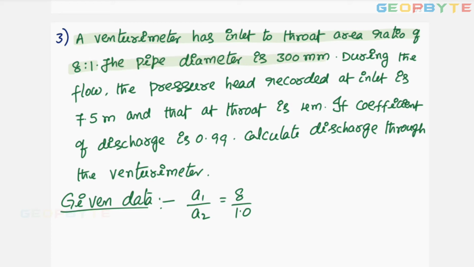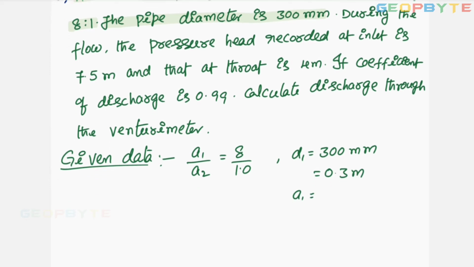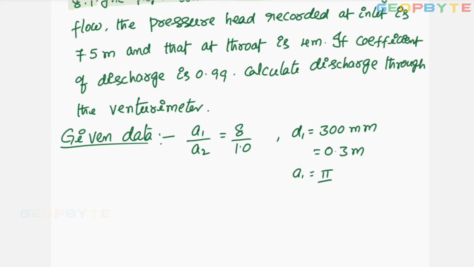Here the pipe diameter you need to assume as D1 equal to 300 mm. It is equal to 0.3 meters. Then find the area of the pipe, pi by 4 into D1 square equal to pi by 4 into 0.3 whole square. Then A1 I got is 0.07 meter square.